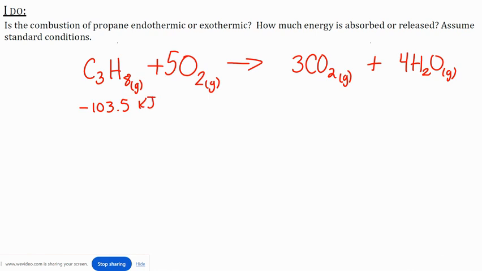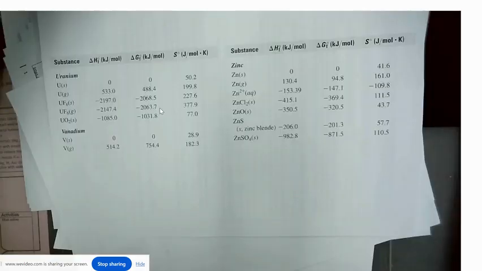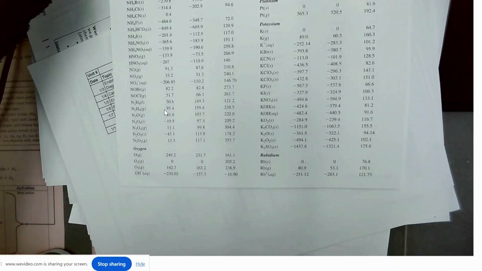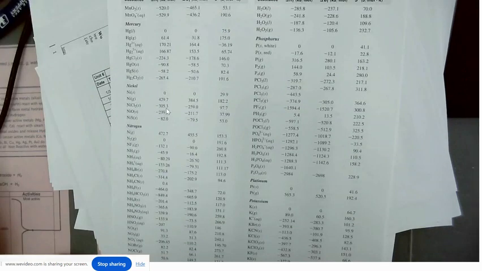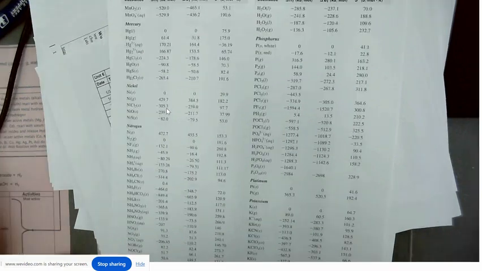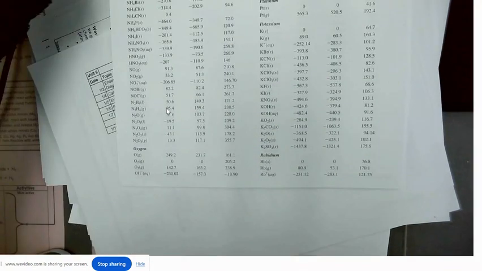Now, this is O2. And if we find our oxygen here, nitrogen, phosphorus. Yeah, it's going to be 0, but I wanted to show them that. Here's oxygen. So here is O2, and notice that's our oxygen.